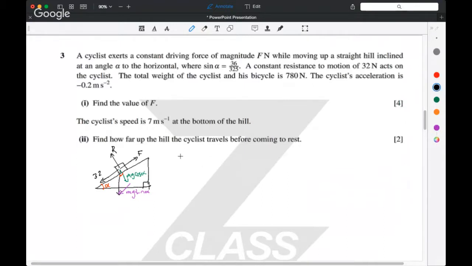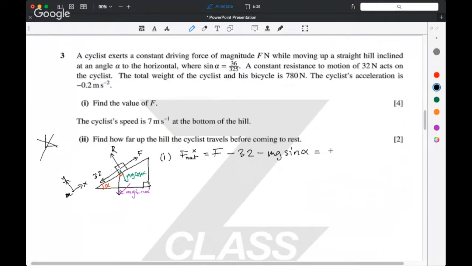So what do we know? For question 1, we know the net force acting along the ramp. I'm going to write my coordinate system like this, x and y. So x is defined as positive going up the ramp. So the net force in the x direction is F, which is acting up, minus 32, which is acting down, minus mg sine alpha.